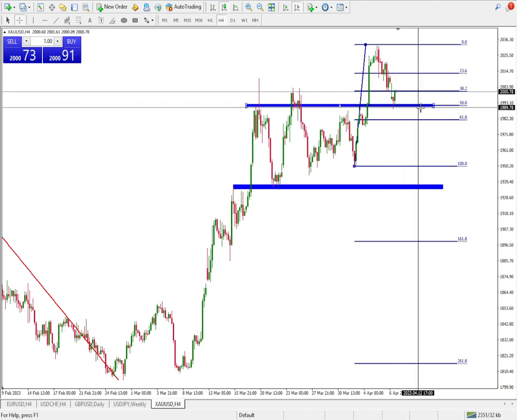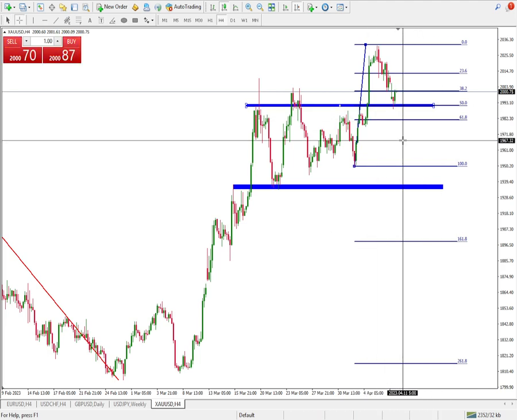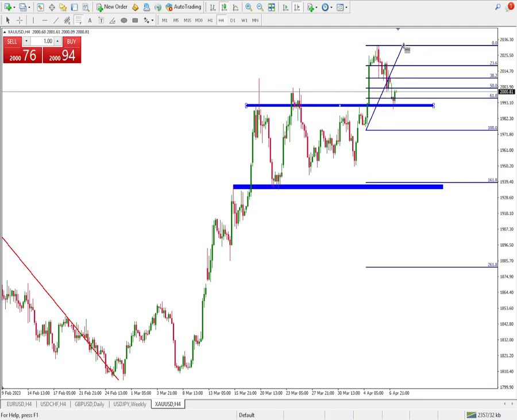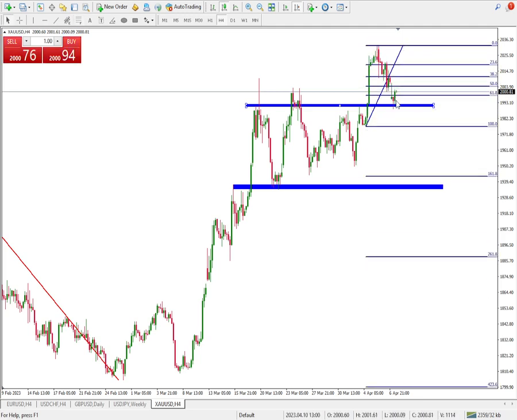Okay, this was a 50% retracement, but if you see this tiny pattern right here, this one, approximately a 61.8% retracement. So at the moment on the H4, this is the present situation on gold.